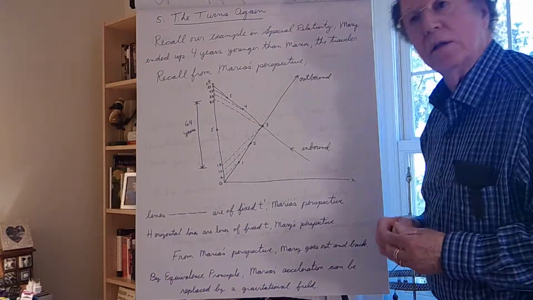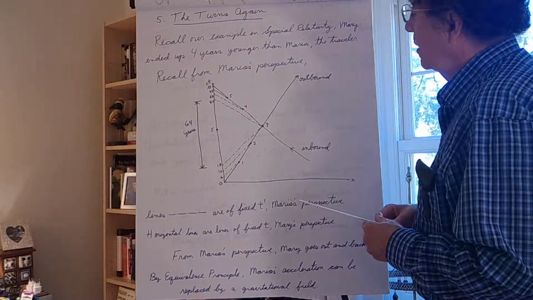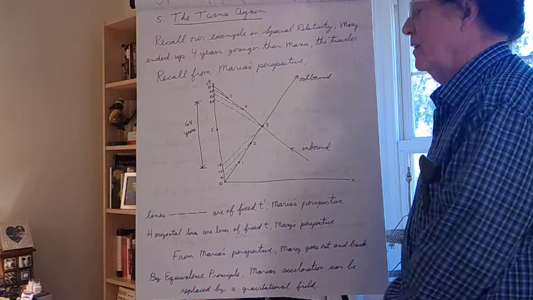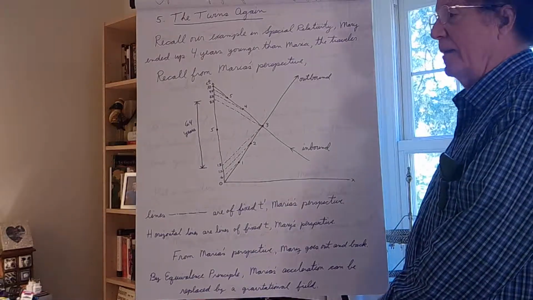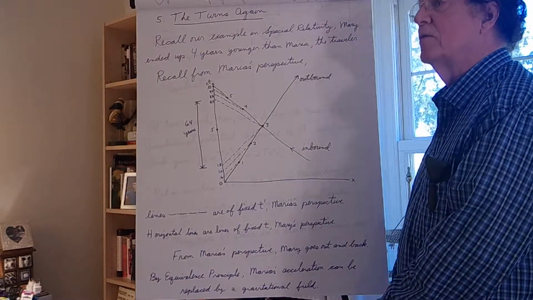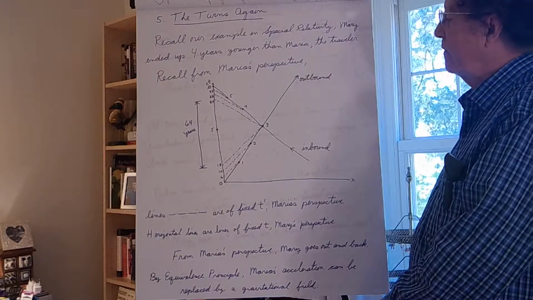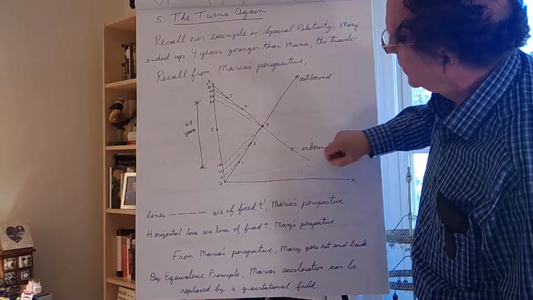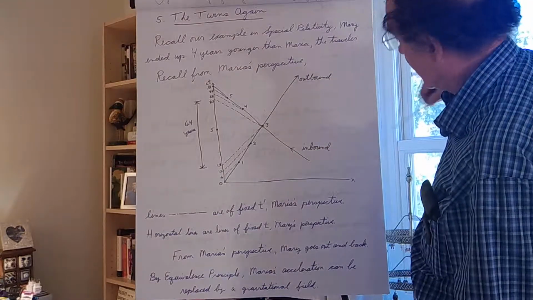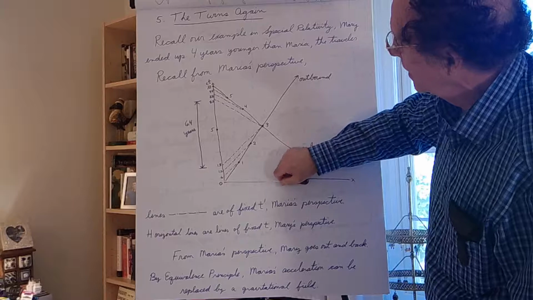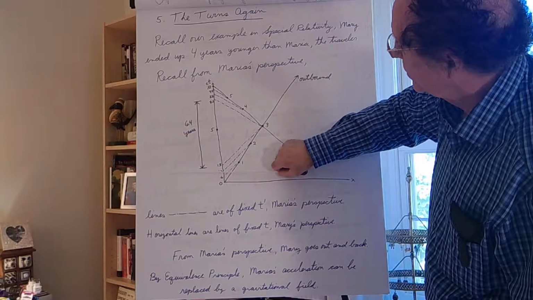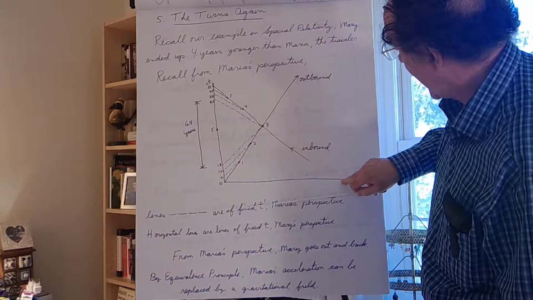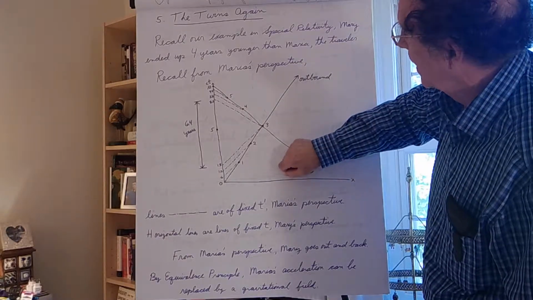And what was the resolution of that? Well, the resolution was that the lines of constant time are frame dependent. It's the relativity of simultaneity. So from Mary's perspective, she's just sitting here at x equals 0, doing nothing, and the lines of constant time for her are just these lines parallel to the x-axis.